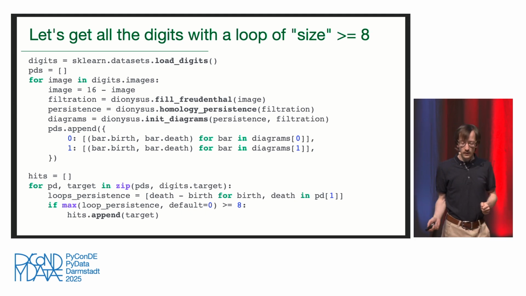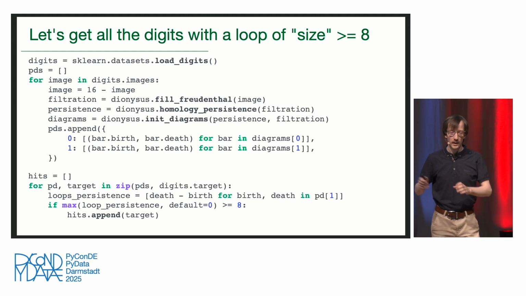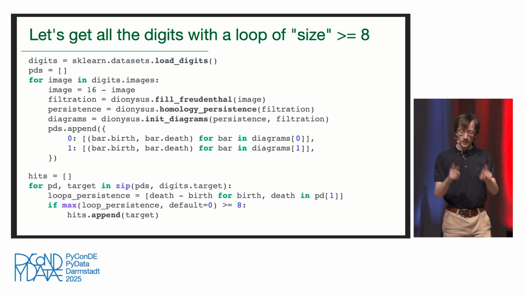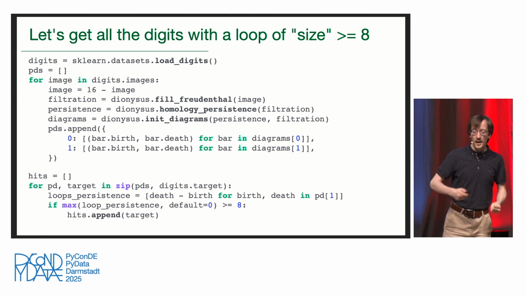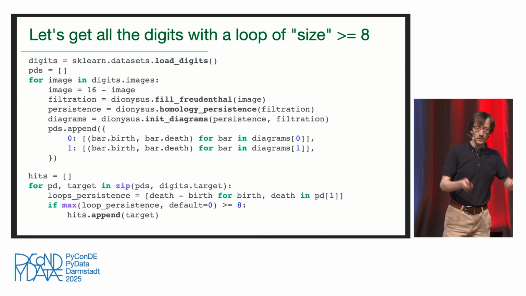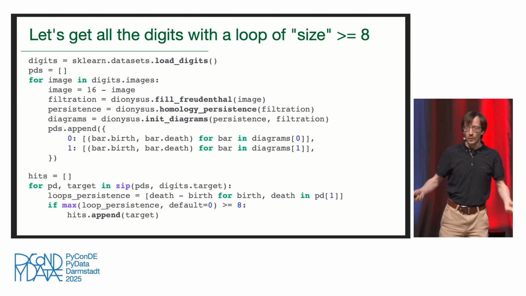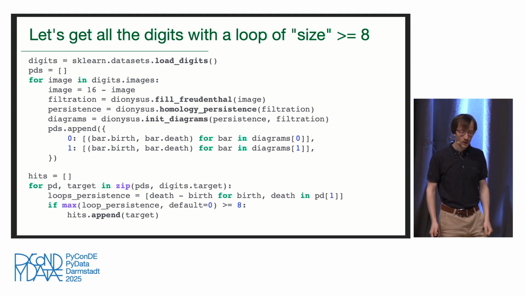And I check the maximum length of a loop. So you see that I look at the diagram in degree 1. I take the difference between death and birth. I look at the maximum of these. And if this is larger or equal to 8, I append the target to my hits. And I want to count how many zeros did I hit, how many ones did I hit, and so on.